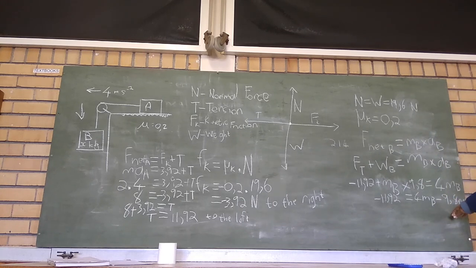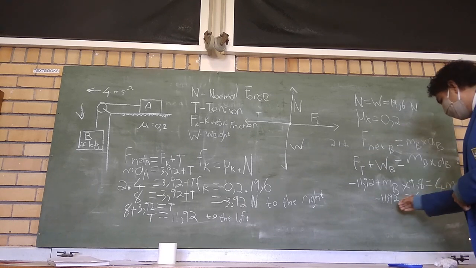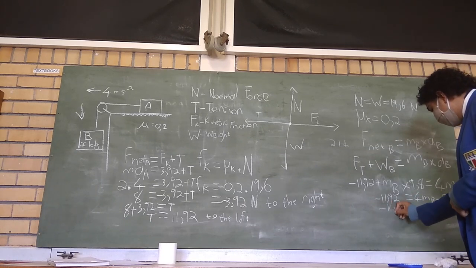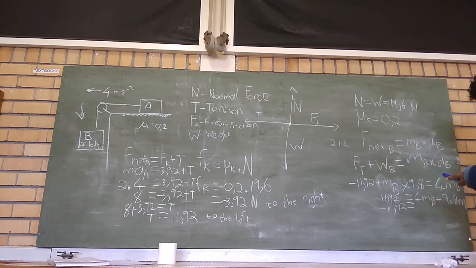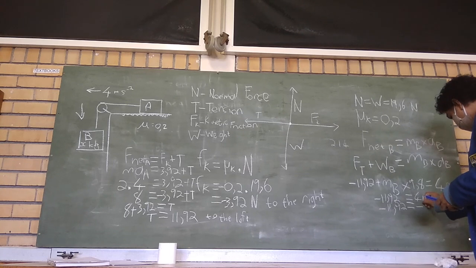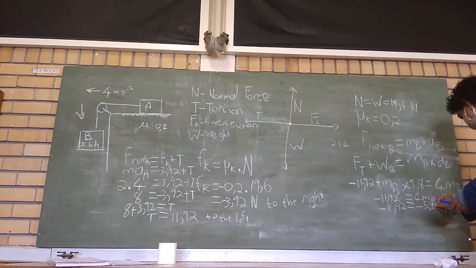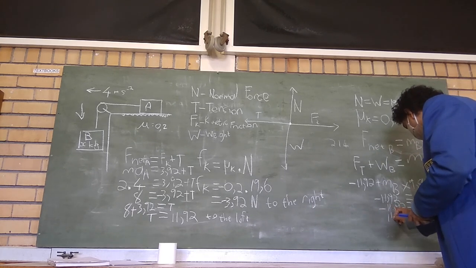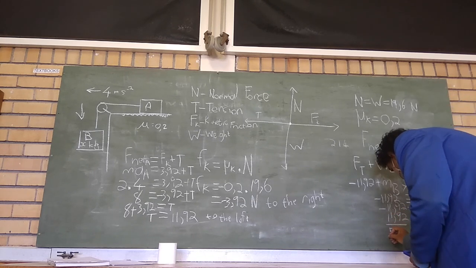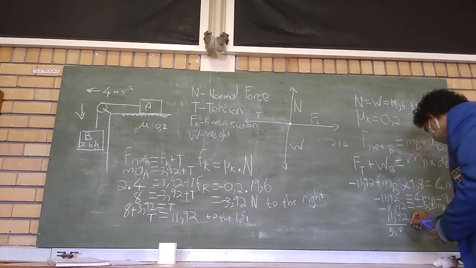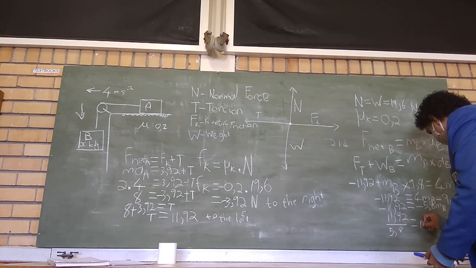All is correct. So 5.8 MB is 11.92. So MB is 11.92 divided by 5.8.